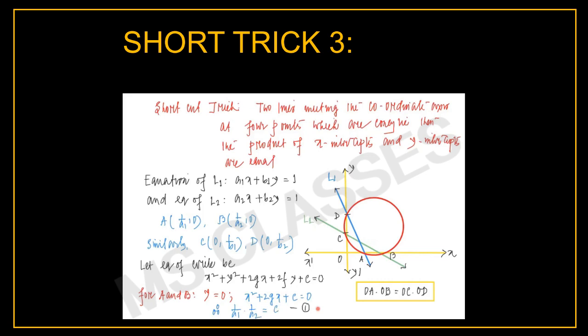Now similarly, for the points C and D, x is 0. So in the equation of circle, we put x equal to 0.